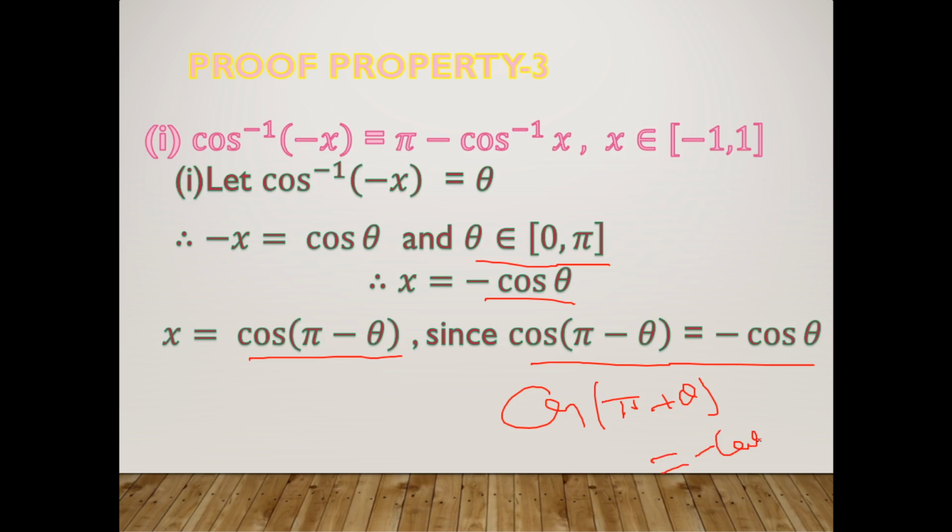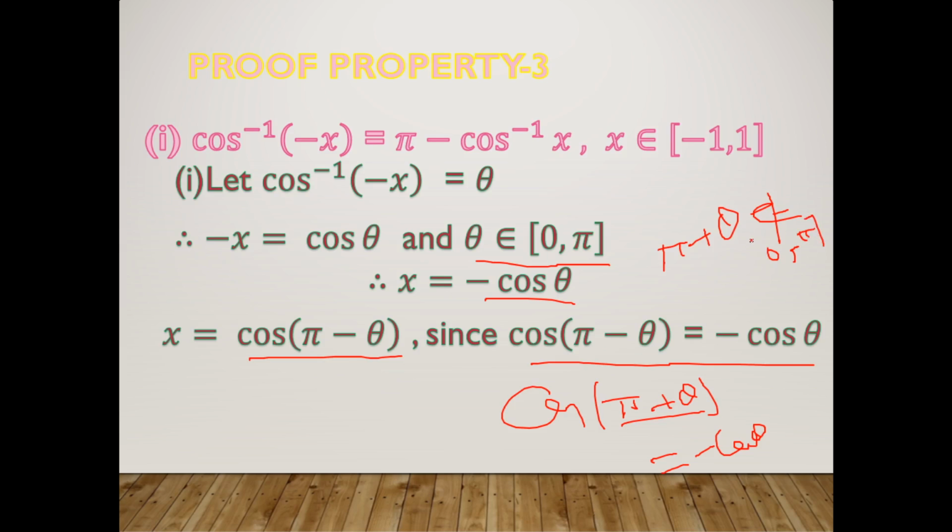We know that cos of pi plus theta is also minus cos theta, but pi plus theta does not belong to this interval 0 to pi, right?